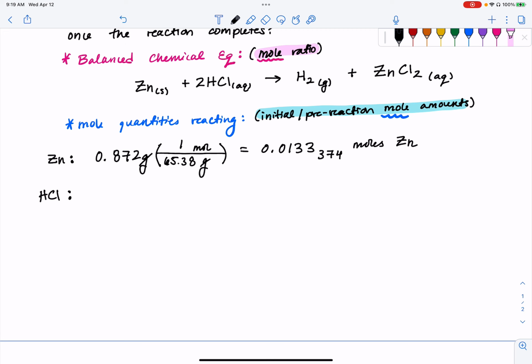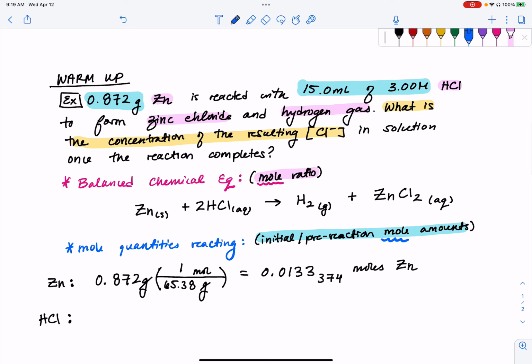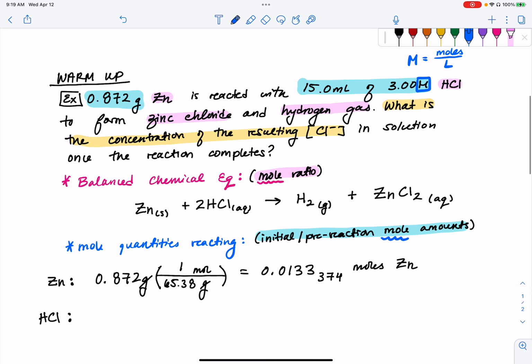Anytime we are looking at an aqueous substance where we have a concentration, like a molarity, remember molarity, capital M, is a proportion of moles per liter. Just like molar mass relates moles and mass, molarity relates moles and liters. Liters, L, so volume.